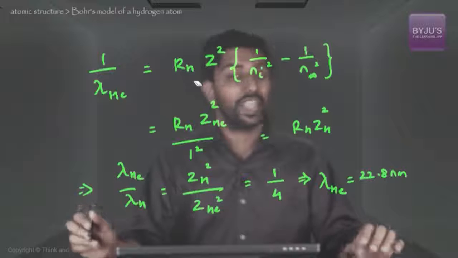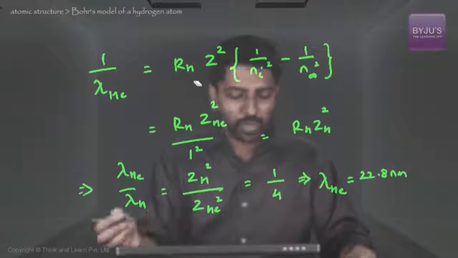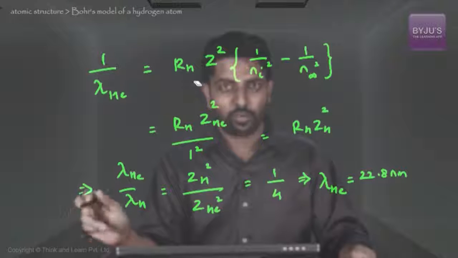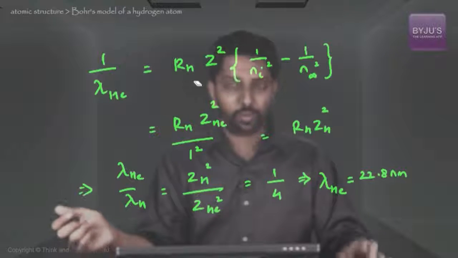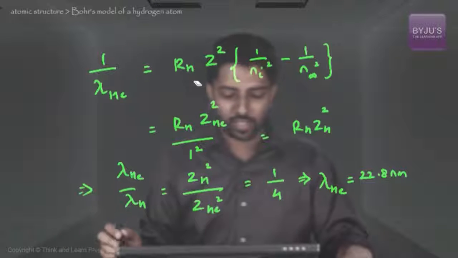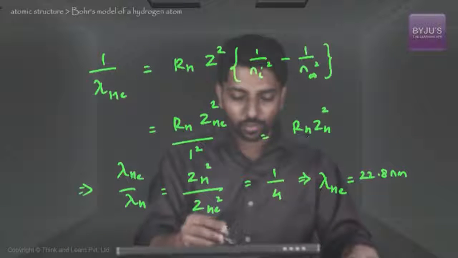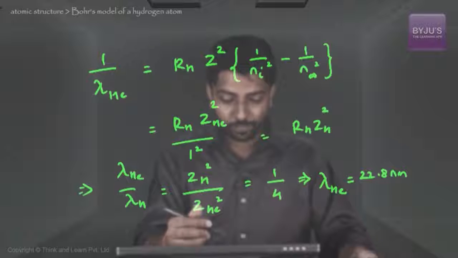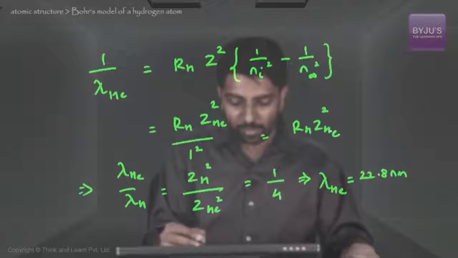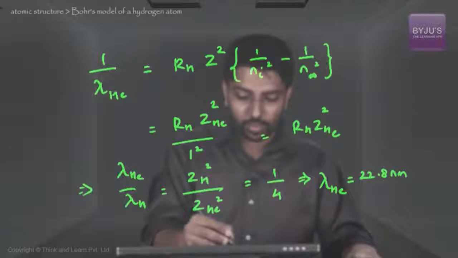It is going to be the same in both equations, because we are taking Z squared and n squared into account. So 1 by lambda He equals RH times Z squared into 1 by ni squared minus 1 by n infinity squared. First state to infinity, once again 1 by lambda He is equal to RH into Z He squared. Here apparently I left out a subscript. So this is equation 2.